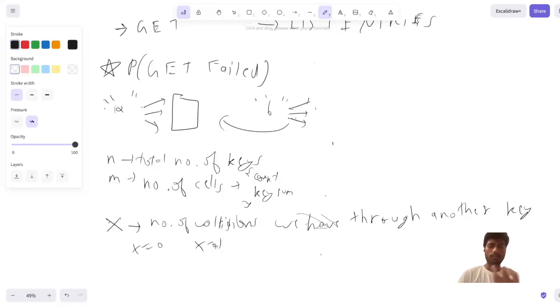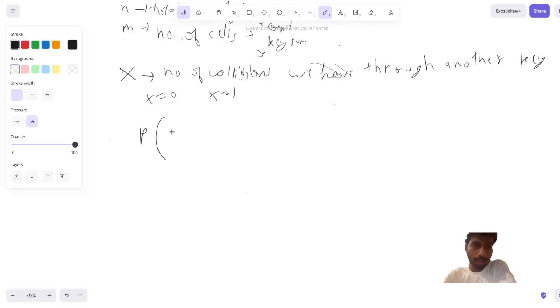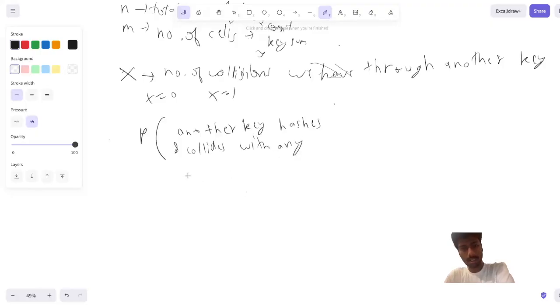If x is 1, it's 1, then 2, and so on. Probability that another key hashes and collides with any of A's indices.